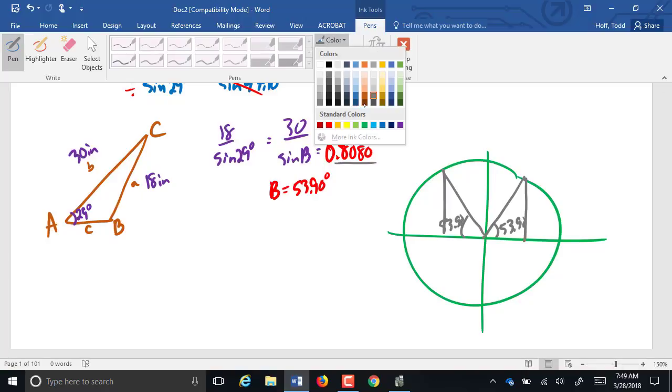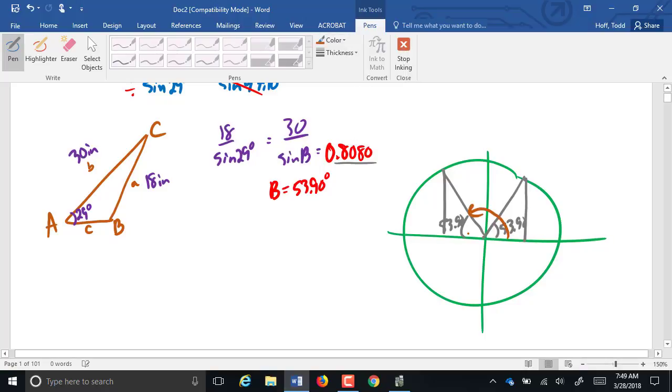So the angle describing this is the supplement of 53.90. 180 minus 53.90, which is 126.10 degrees. So this angle here could be 53.9, or it could be 126.1 degrees.